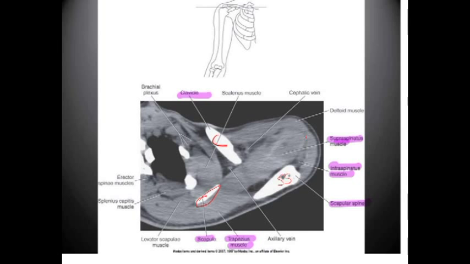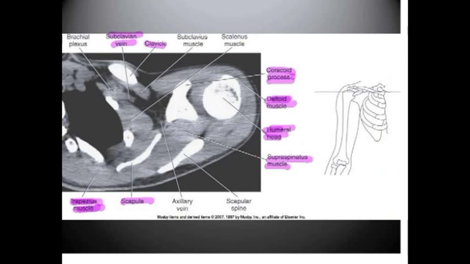So we have the supraspinatus muscle, we have the deltoid, the infraspinatus, which is situated in this little crevice, the trapezius muscle, so once again we have the deltoid.